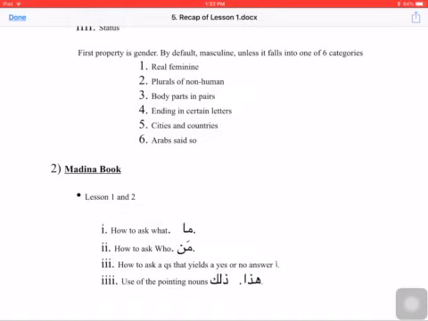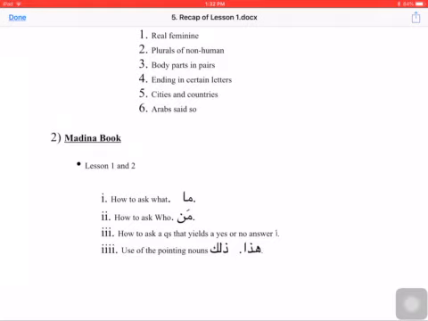Names of cities and countries we said are often mu'annath. And then in addition to these categories, there are still certain words which are mu'annath just because the Arabs say they are mu'annath.